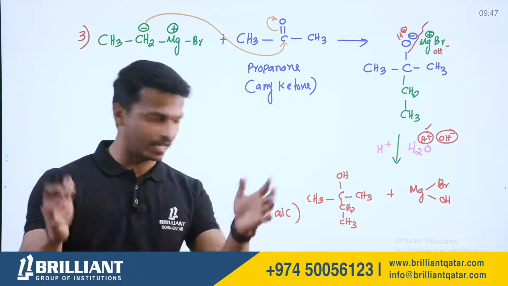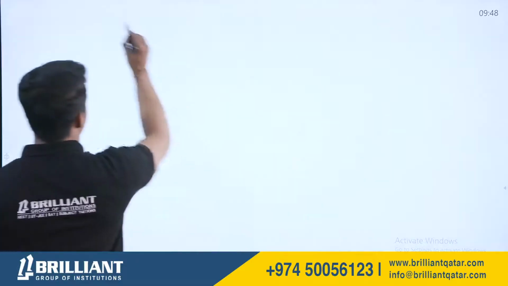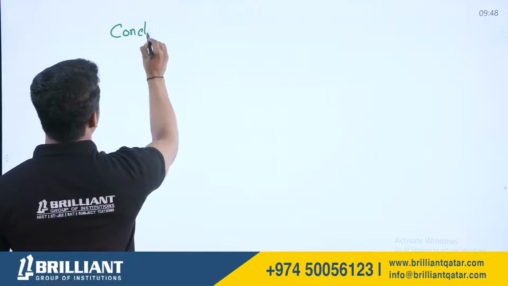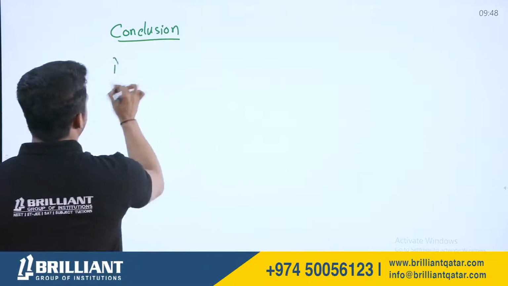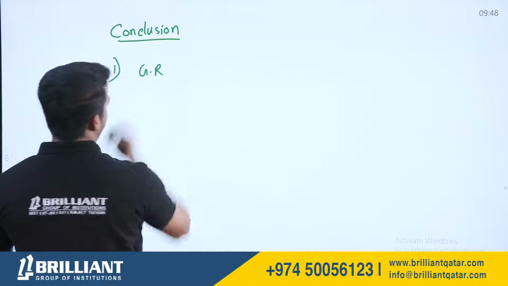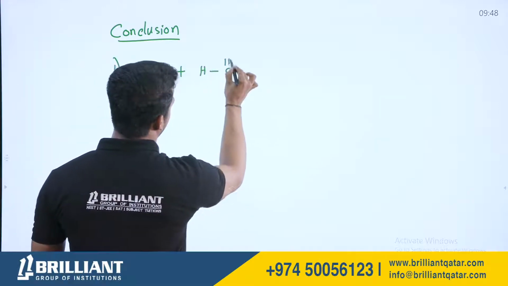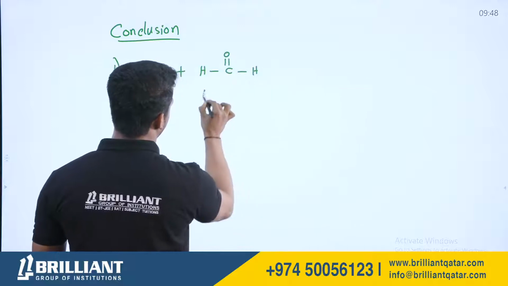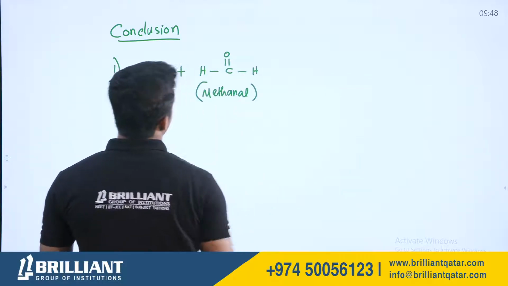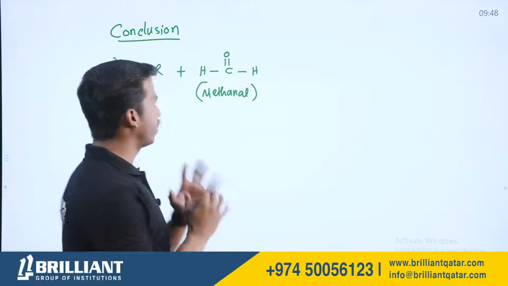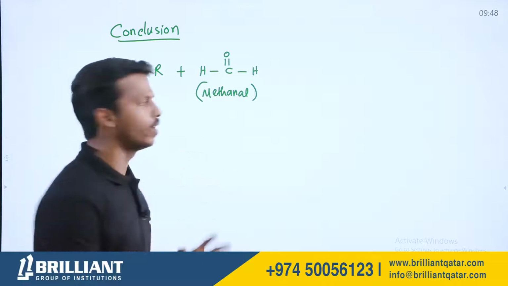Now we can go for the conclusion. What is the idea you're getting through these reactions? Dear all, we can say that any Grignard reagent, when you treat it with methanal, an aldehyde, first we treat the Grignard reagent with methanal, then the remaining compound we treat with water.